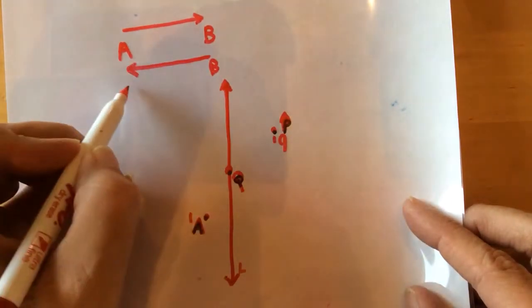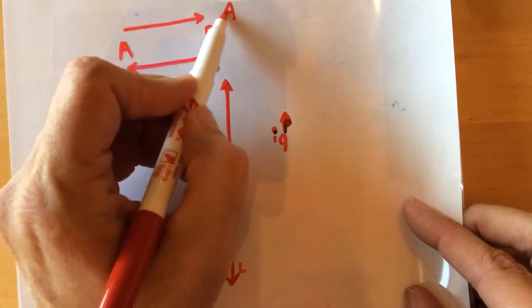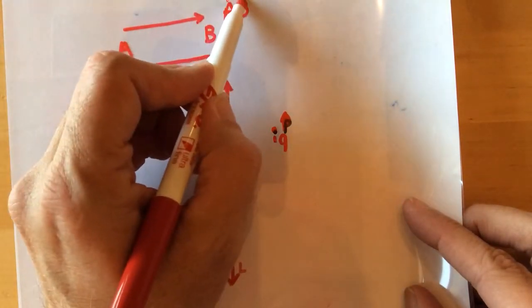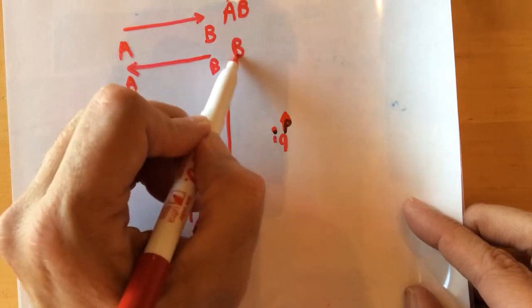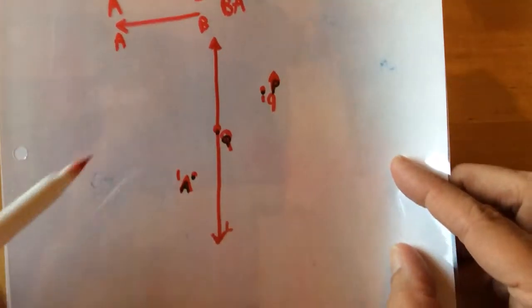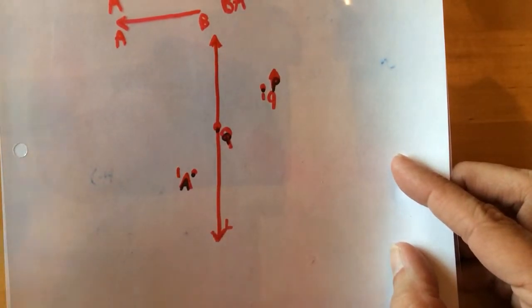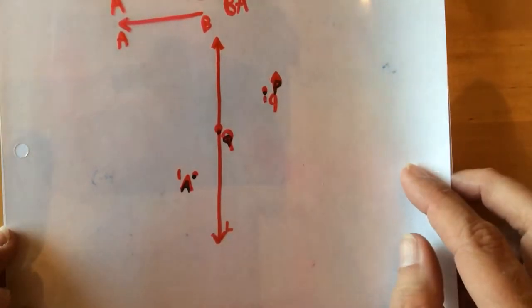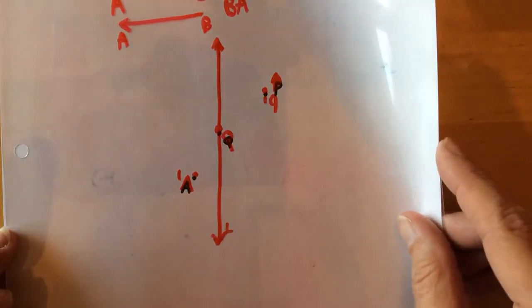We had to translate by BA. So we had vector AB, the undo was to translate by vector BA, but a reflection is its own undo, basically. It will always be its own inverse.